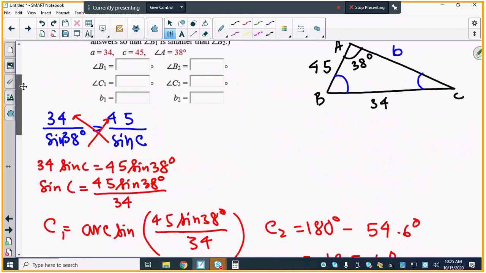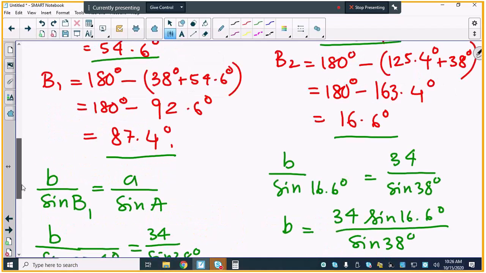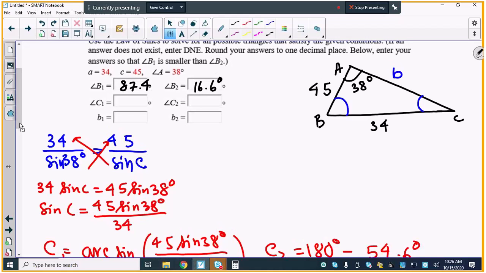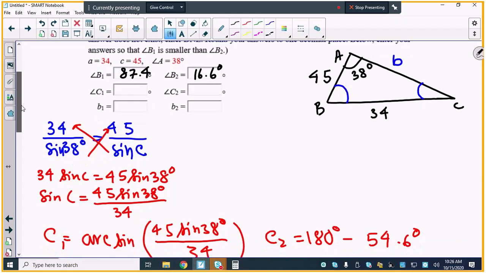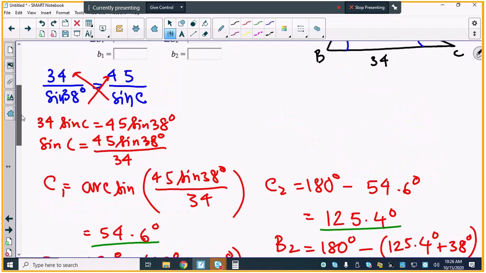So when we are filling in information, we have two sets of values for B. Remember, what are the values for B? We got 87.4 degrees, and we also get 16.6 degrees as the other value for the angle B. We're calling them B1 and B2.